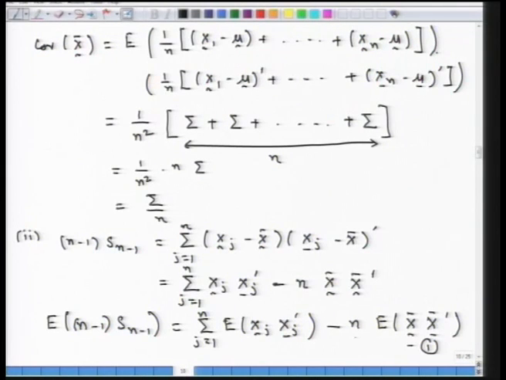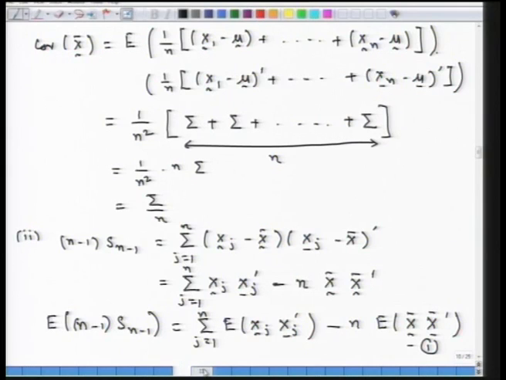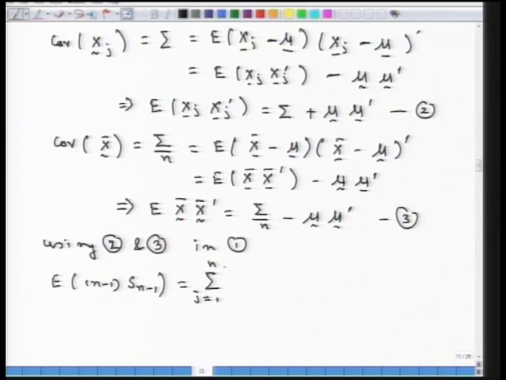1 is what? This particular expression. So what we will be having is that the expectation of (n-1)S_{n-1} is the summation over j equal to 1 to n of the expectation of this particular quantity.